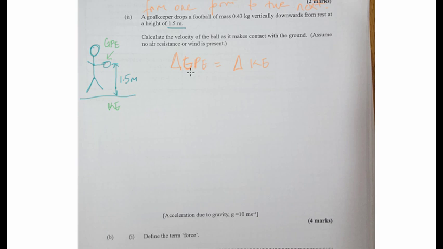Now we know that the formula for gravitational potential energy is m times gravity times h, so mgh, and kinetic energy is given as half mv squared. Because on both sides of the equation we have mass, we can cancel our masses, and then we're left with gravity times height is equal to half v squared.